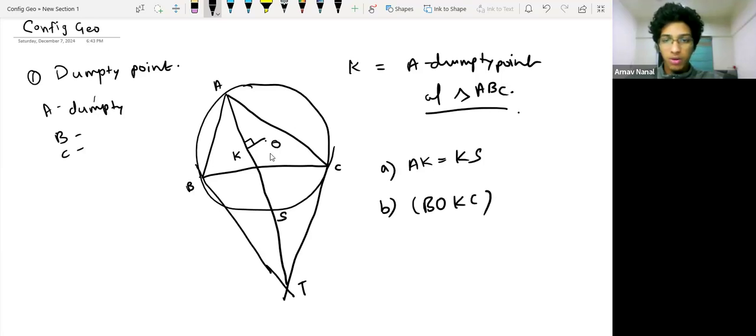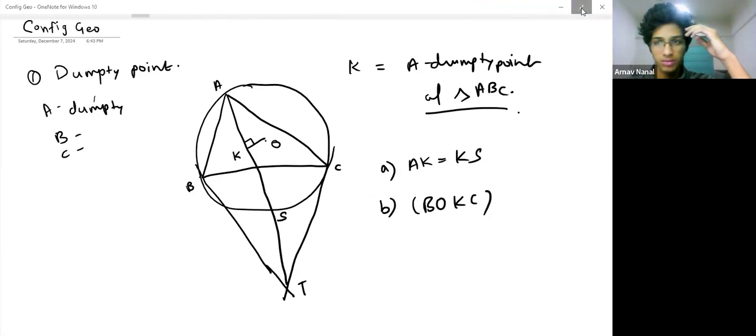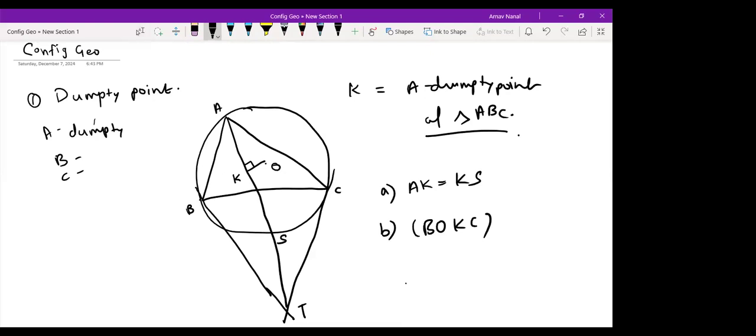Okay, can anyone quickly outline the proof of this? I'll give you a couple of minutes. Okay, so angle BKC and angle BOC can be compared.